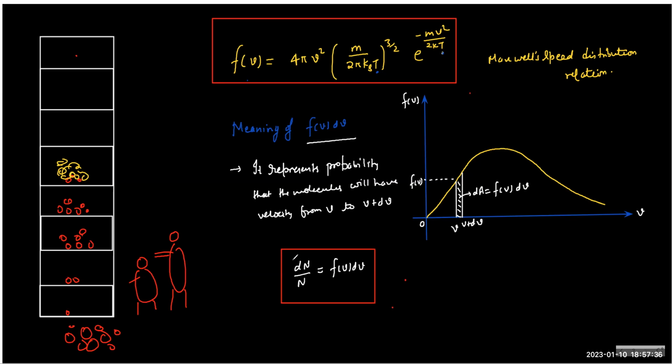And therefore, if you integrate both sides, the integration of dN by N is the integration of f(v)dv. If I take the limit from 0 to infinity, the LHS becomes how much? Tell me, guys. The LHS is the sum of fractions, which is always 1.